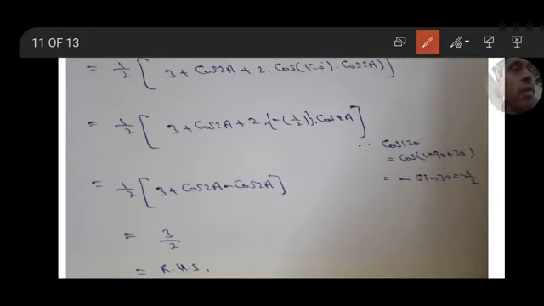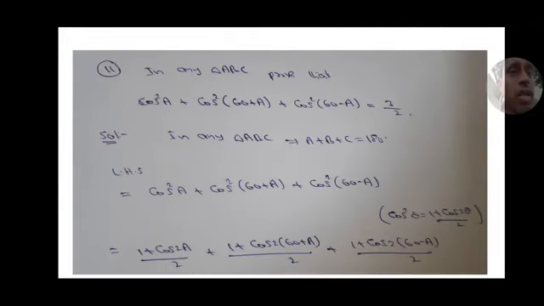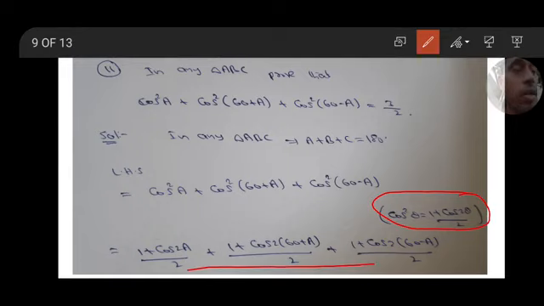So first of all, the given equation is in cos square theta form. So we have to use the formula cos square theta equal to 1 plus cos 2 theta by 2 and write it in that form.